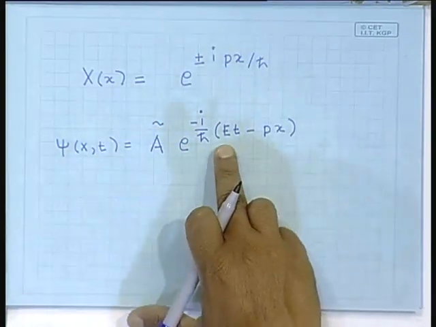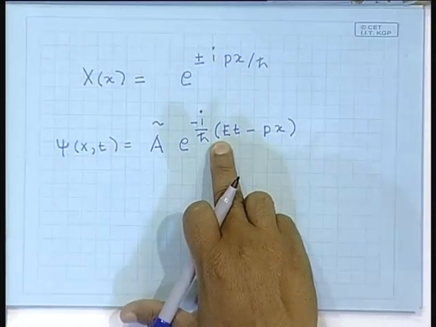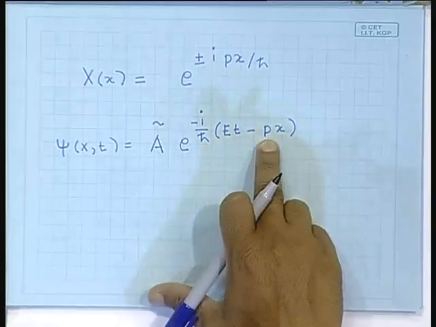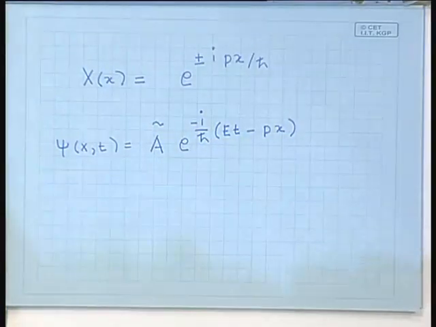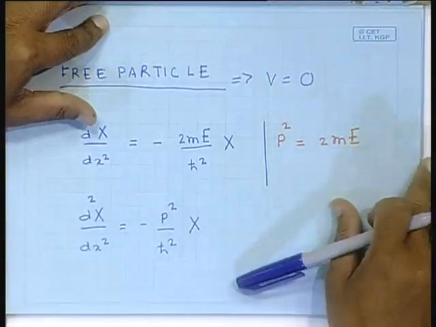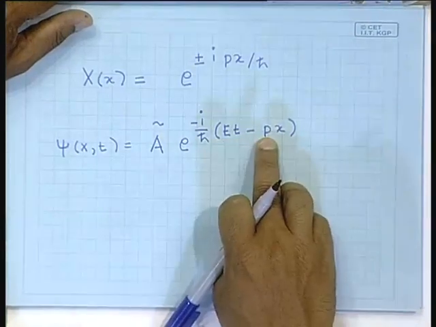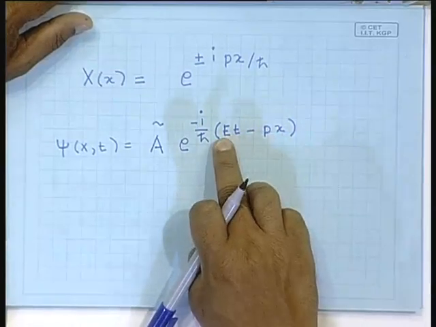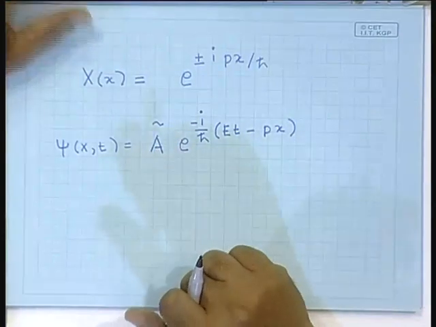There is also an arbitrary constant E which appears, which I have not told you what it signifies, and there is another constant P which is related to E, not independent, as follows: P square is 2 m E. So, there is basically one constant, either you can think of it as P or E. If I fix P, then E is fixed, and if I fix E, then P is fixed, and there is an overall normalization constant over here.